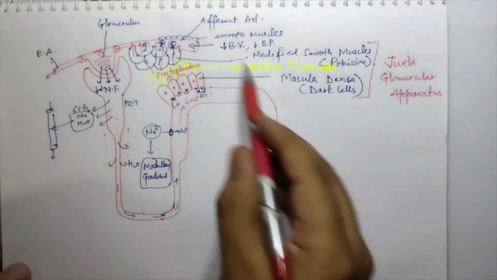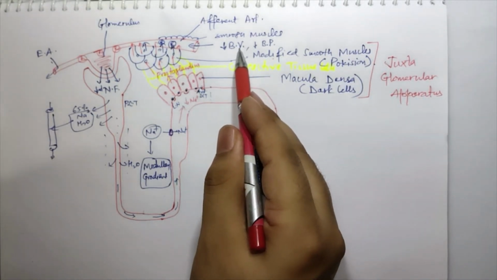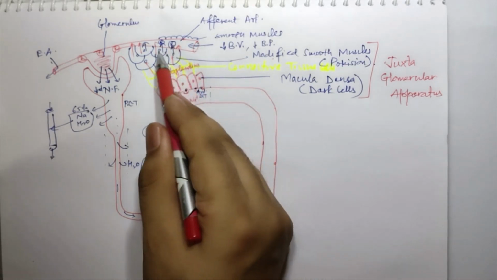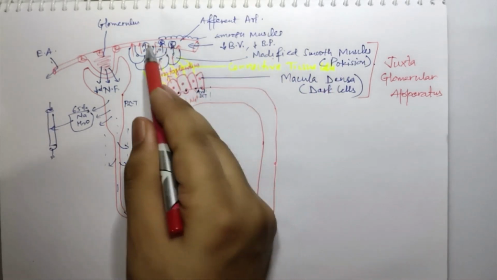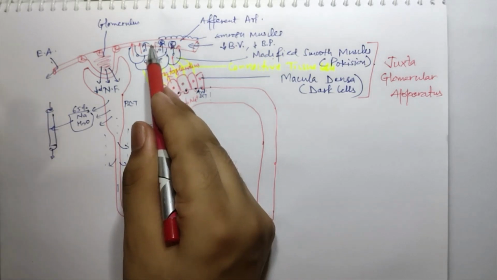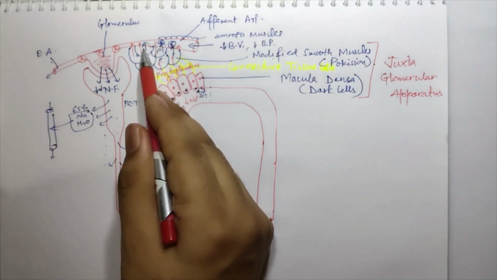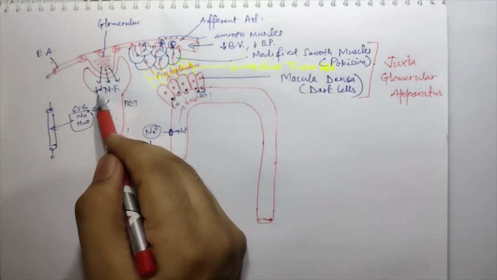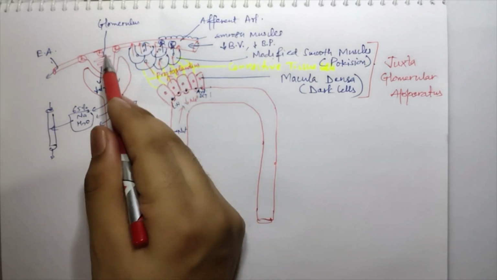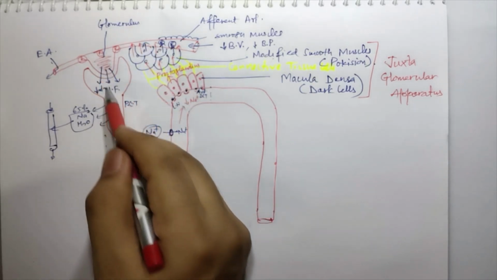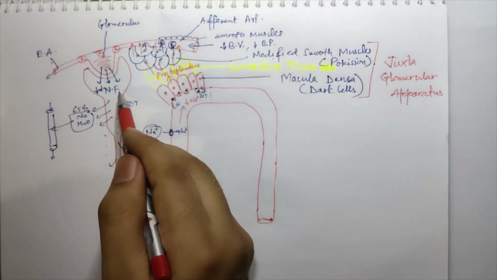Now its signal is, when there is low BP or low blood volume, it triggers modified smooth muscles to release renin, but the renin release is of very small amount. When reduced blood approaches the glomerulus region, reduced nephric filtrate is formed.